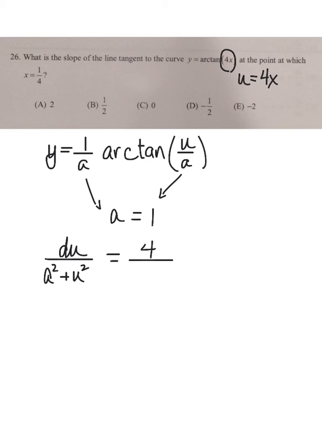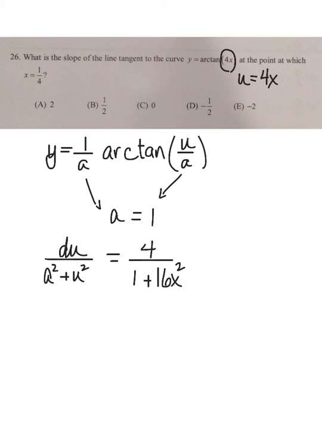My a, we already know is 1, so that's just going to be 1 squared, which is 1, plus u squared, right? So here's my u squared, and this is my u. So if I square that, that ends up giving me 16x squared. Okay, so there's my derivative.